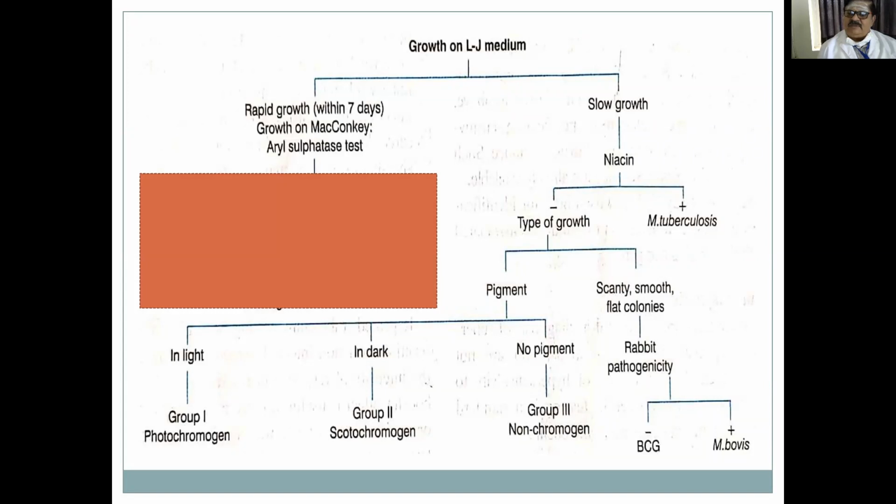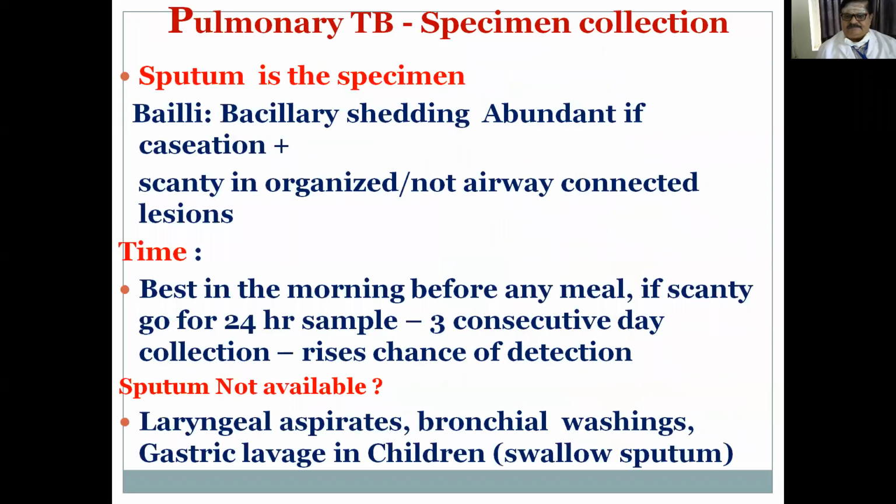If it is producing pigment in the dark, it is scotochromogens. And non-chromogens are not producing pigment at all, either day or night. So this is the flow chart. And then we will see about the non-tuberculous mycobacteria later.